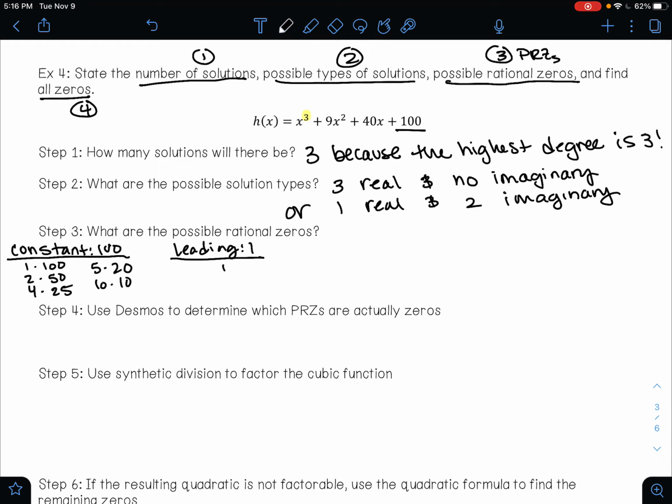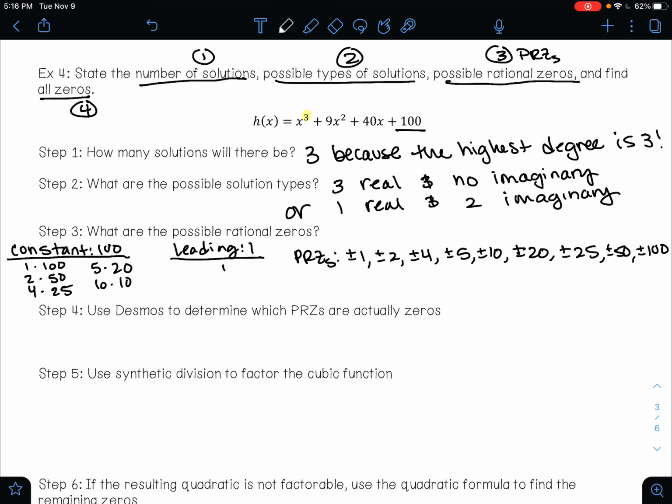So my possible rational zeros, remember it's always your constant divided by your leading. So that's going to be plus or minus 1, plus or minus 2, plus or minus 4, plus or minus 5, plus or minus 10, plus or minus 20, plus or minus 25, plus or minus 50, and plus or minus 100.